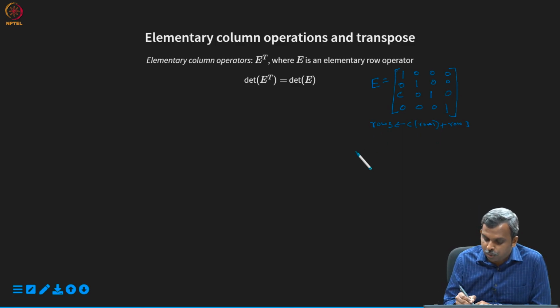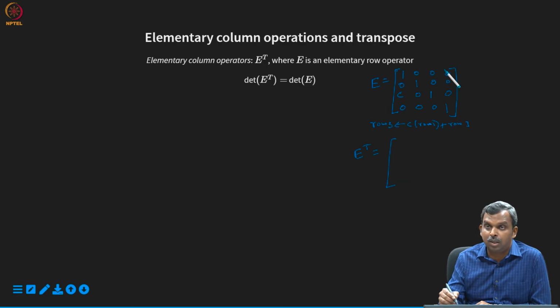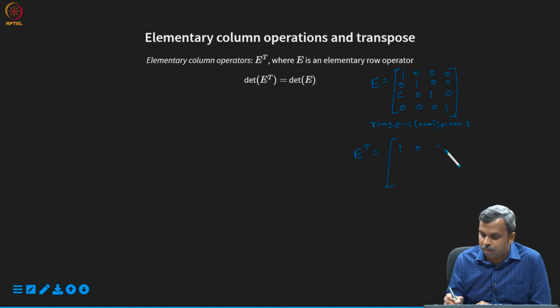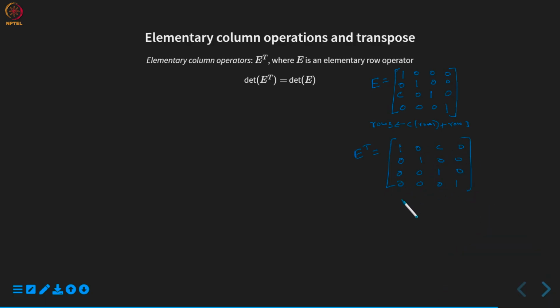If you look at the transpose of it, E transpose, the C would go there, right? So you get 1, 0, C, 0, 0, 1, 0, 0. Everything else remains the same, 0, 0, 1, 0, 0, 0, 0, 1. So this represents column 3 being C times column 1 plus column 3.